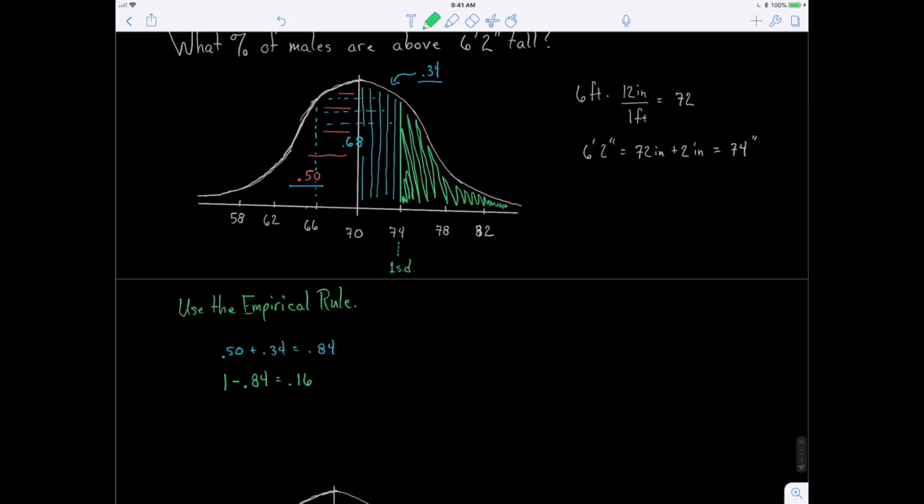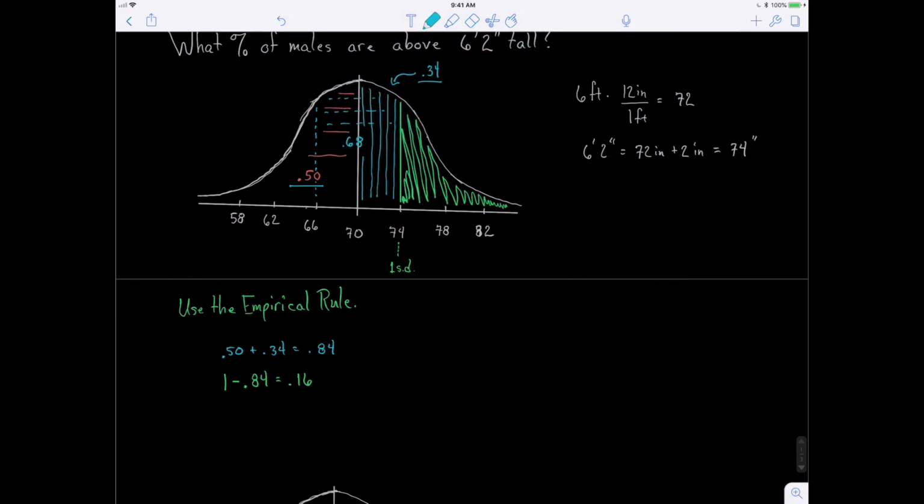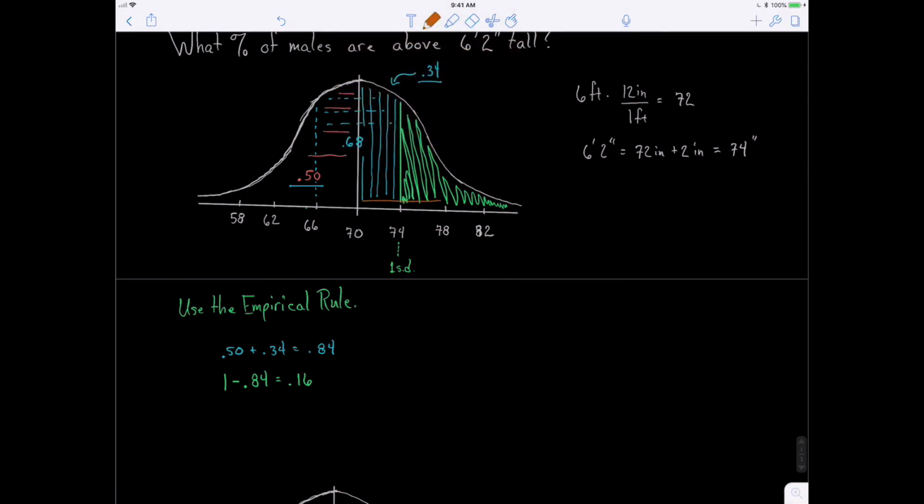Another way you could look at this is this way. Say we have the blue region here is 0.34. And I know if I shade the entire right half, say I shaded all of this region, well, then I would shade 0.5.